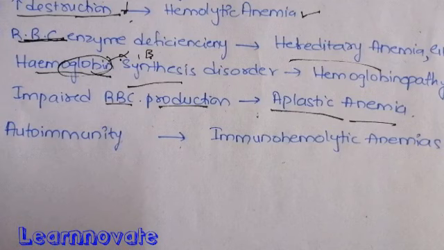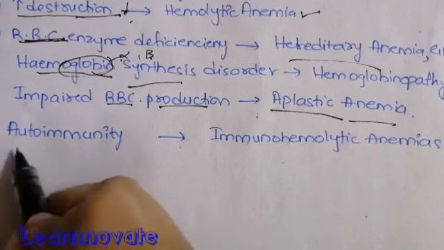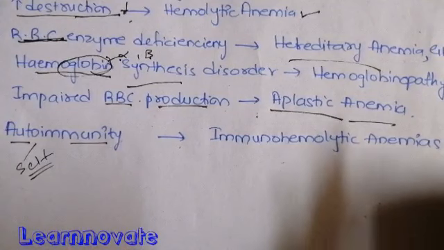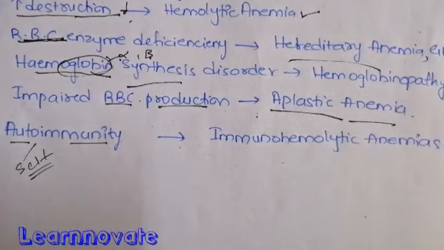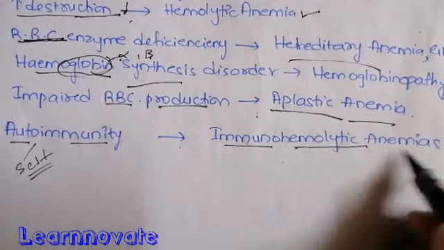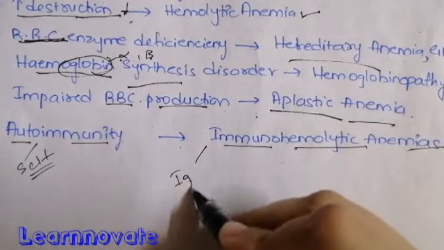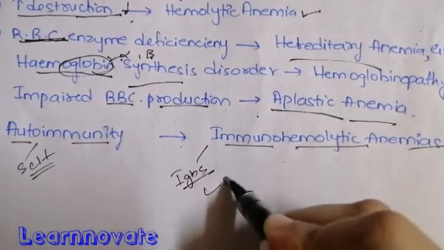Now the last one is autoimmunity. Autoimmunity means that our body makes immunity against itself, like it makes our own RBCs determined as foreign particles and destroys them. So in autoimmune diseases, there will be a formation of immunohemolytic anemia, and this is the worst condition in which your body makes immunoglobulins against RBC.